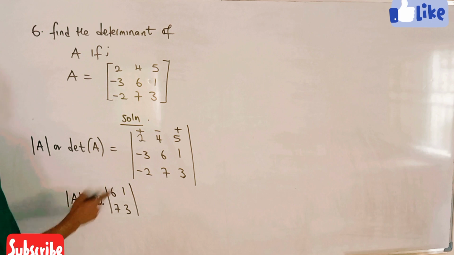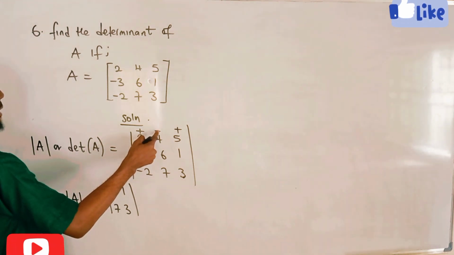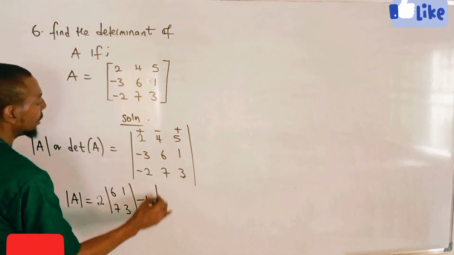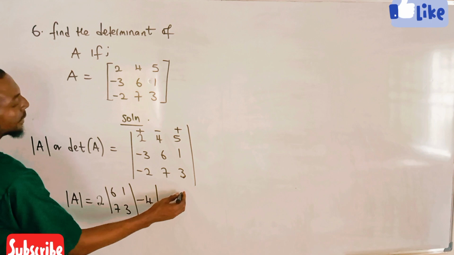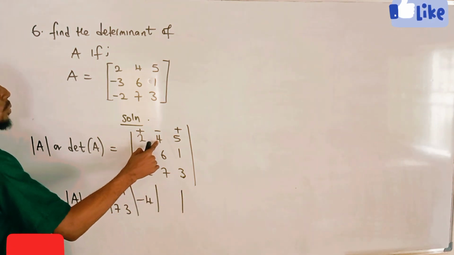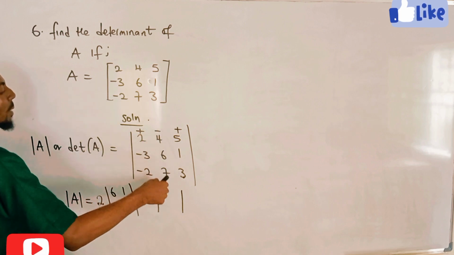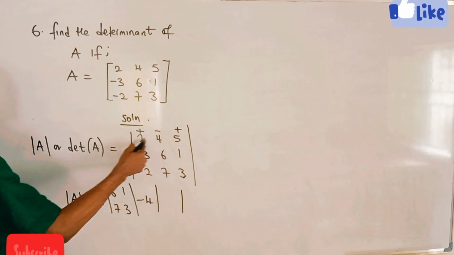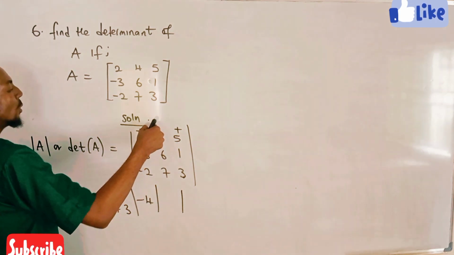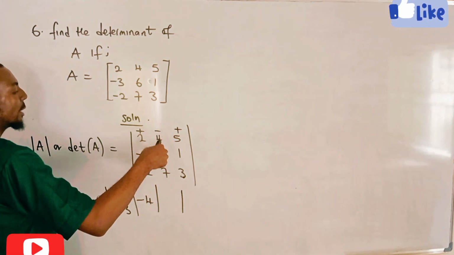So we're starting with plus 2. Then the next number is minus 4. We have minus 4 into, what numbers will I write inside? I will pivot 4. When we pivot 4, we rule out this column and this row that connect with 4.